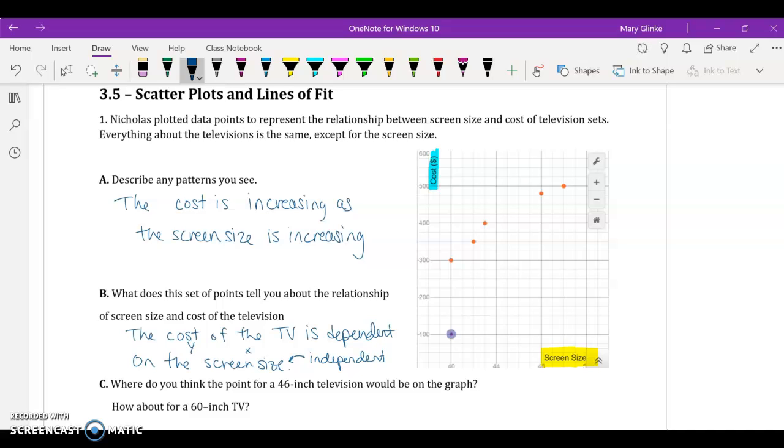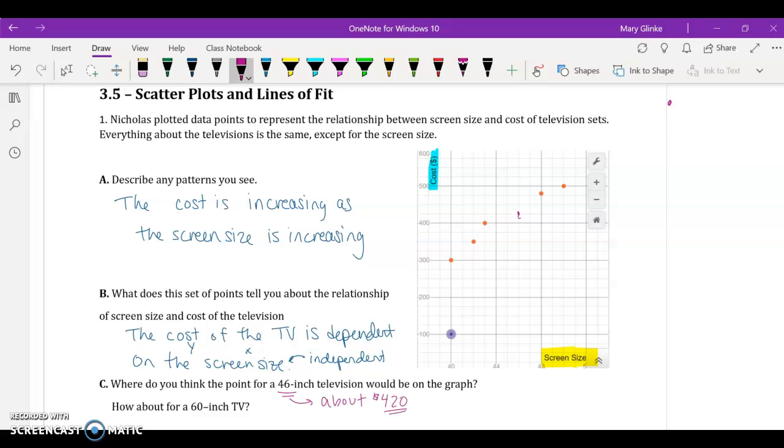Part C is actually purely just your own opinion. How much do you think a 46 inch would cost? Think about that for a moment. Where would 46 go? How about a 60? 60 is way off the charts up here. Whatever you thought here, I'm going to say 46 is about, I don't know, $420.